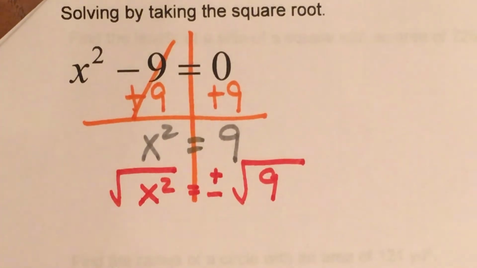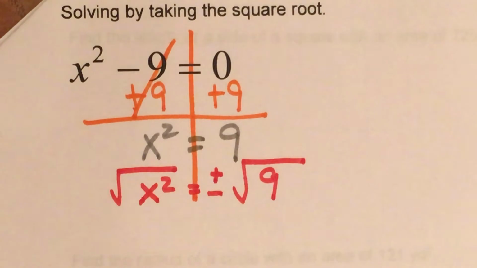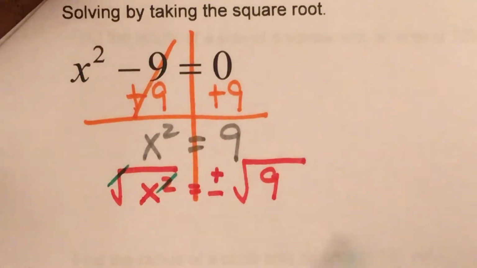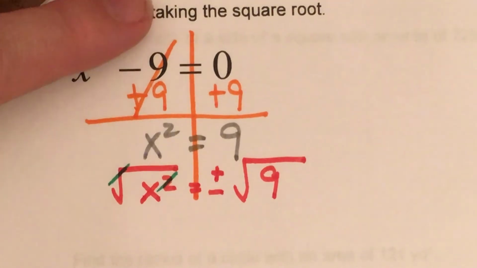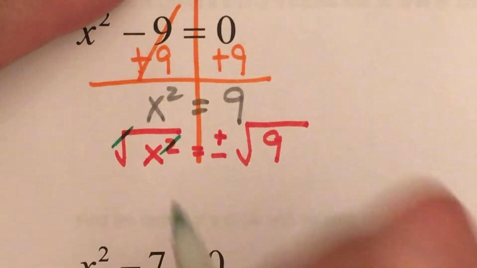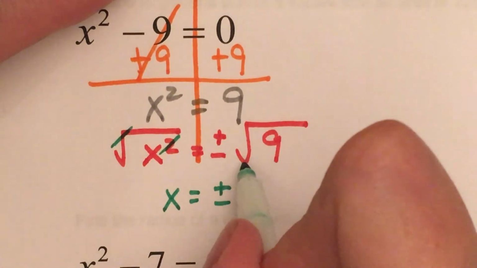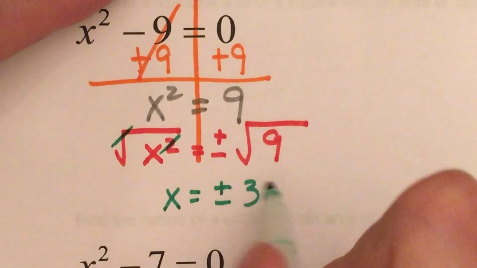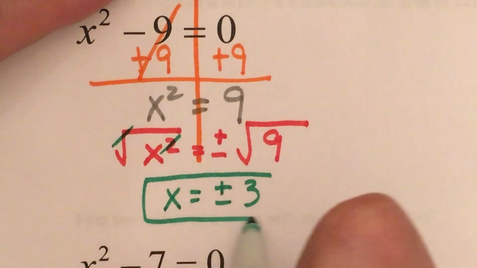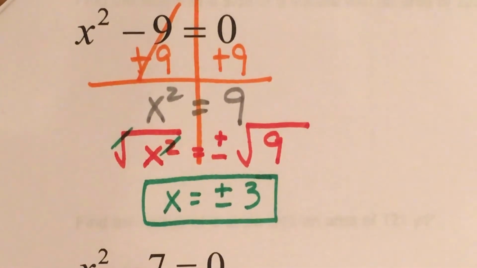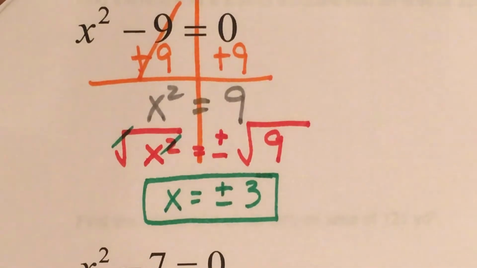We're going to talk about that in just a moment. So this square root and this square cancel out on the left, leaving you with x equals positive and negative. What's the square root of 9? 3. Done. So this particular quadratic will cross the x-axis at positive 3 and at negative 3.